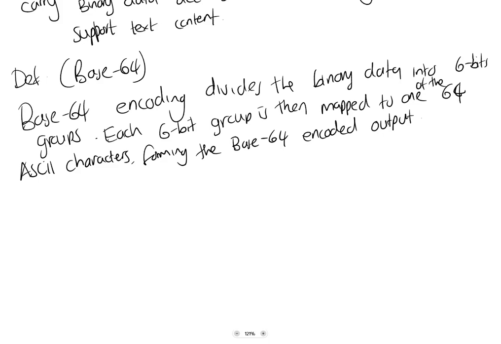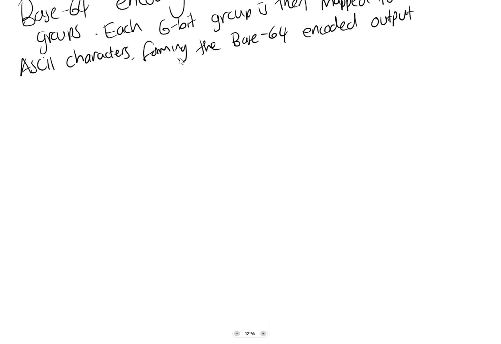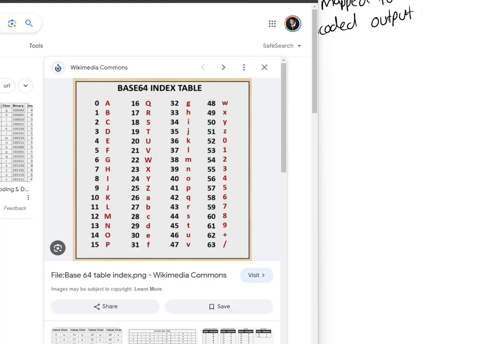Should I draw the base 64 table? Or better yet, can I just find the base 64 table for you? I found this one on Wikimedia Commons, and this is an example of the base 64 index table. Can you see that the decimal value 0 is assigned to A, 1 is assigned to B, and 2 is assigned to C, and so on.